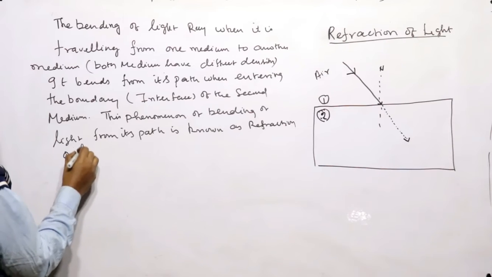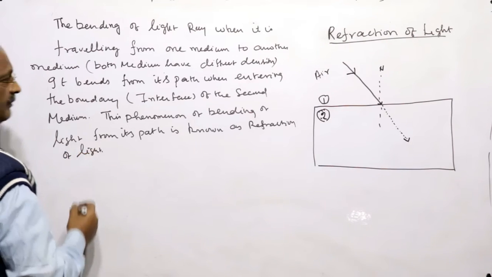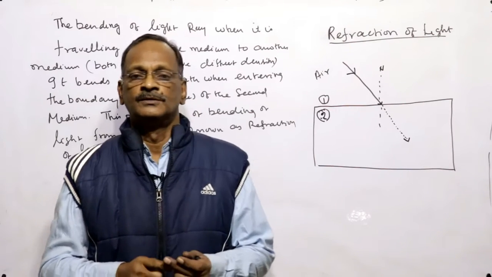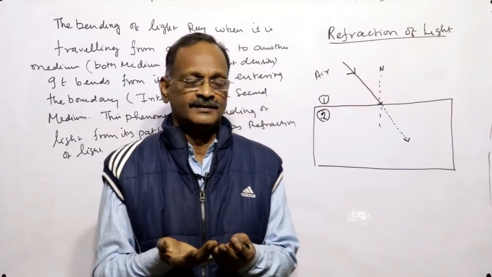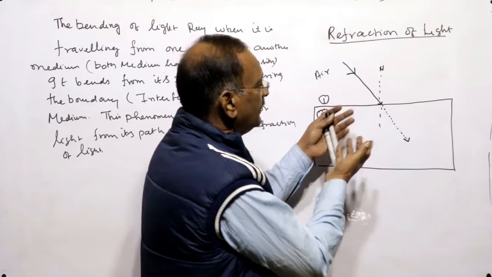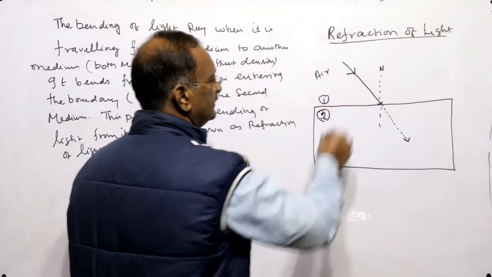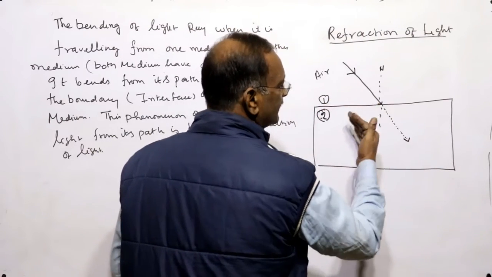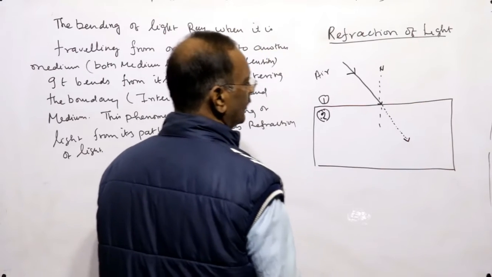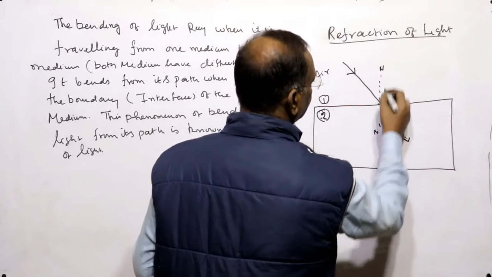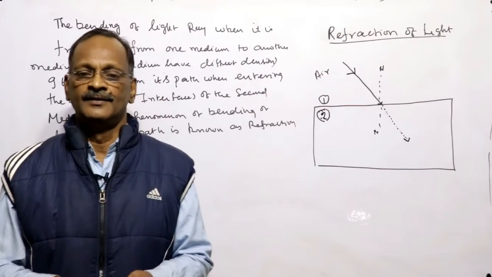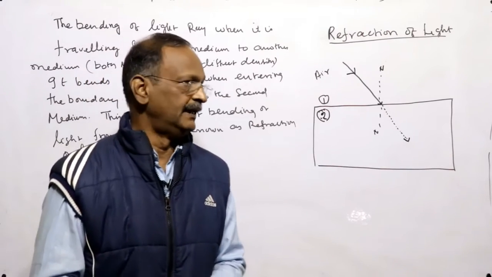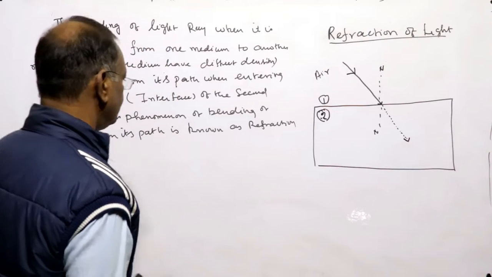Refraction of light means when light moves from one medium to another medium, both having different optical density. This is its normal path, but it bends away from or towards the normal. This is the normal. So this phenomenon of bending of light when it moves from one medium to another medium is called refraction.